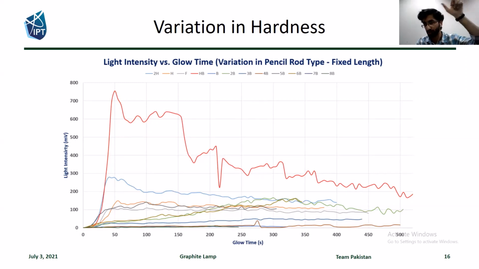It's set at a particular value from the DC power supply. But you can clearly observe that the intensity is decreasing. That coincides with the decrease in voltage on the power supply, since it's being measured across the pencil rod. This is something that we observed. I hope I've answered your question.